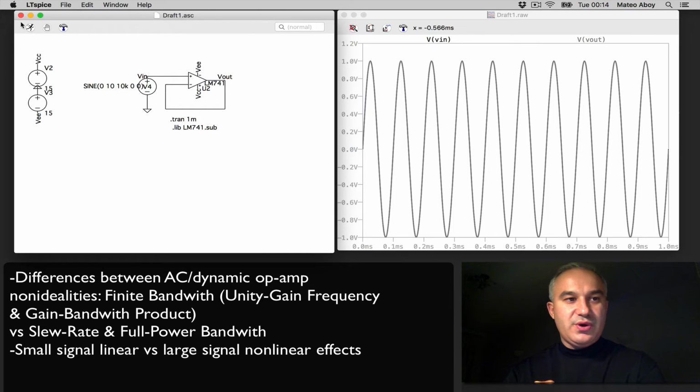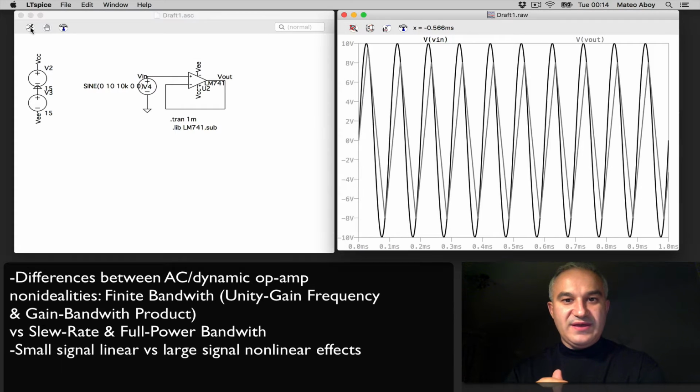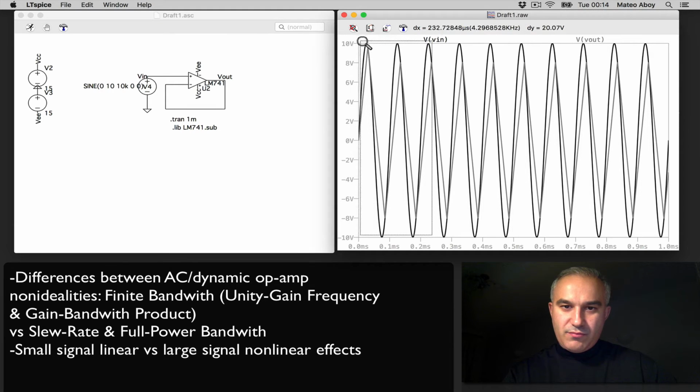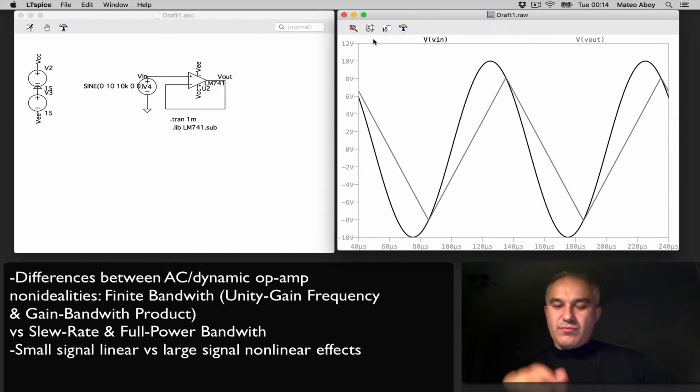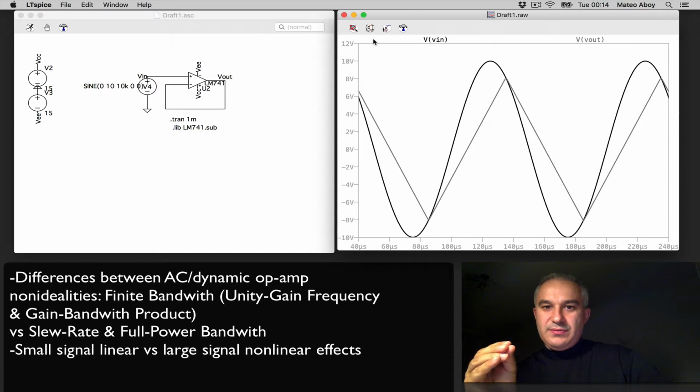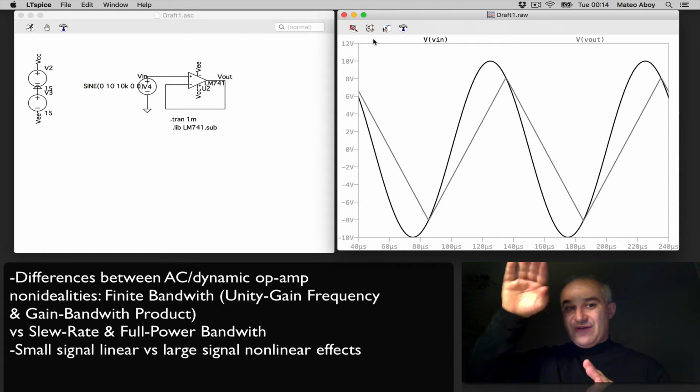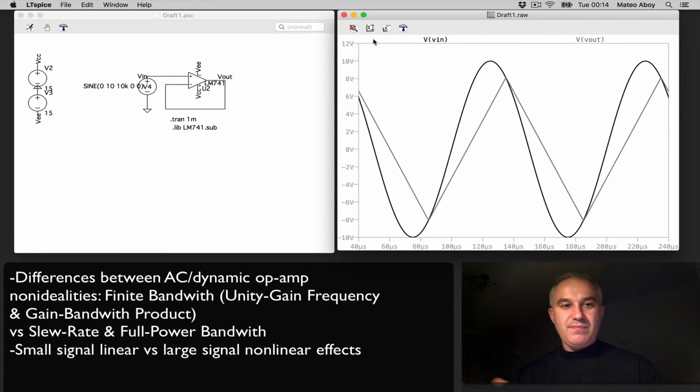And so the slew rate manifests in a nonlinear distortion. Look at it. Input, sinusoid; output, non-sinusoidal. You get a triangle, just simply because you have the ramps. That's a nonlinear distortion.